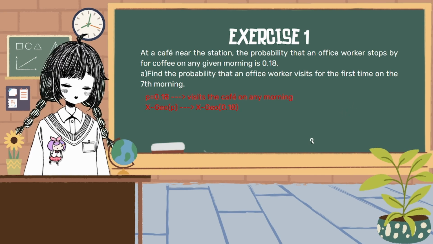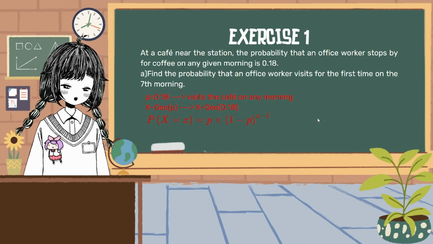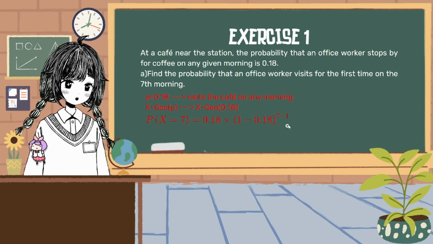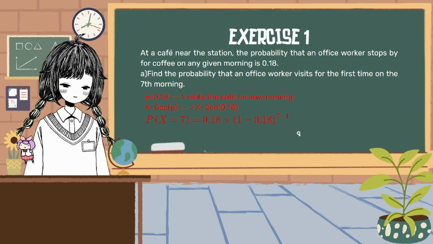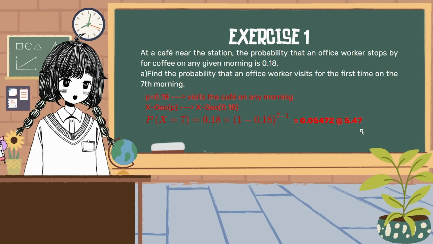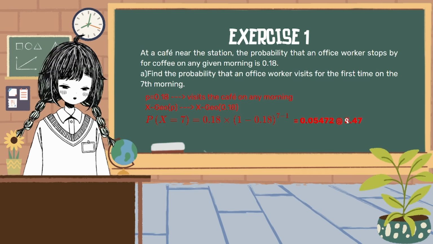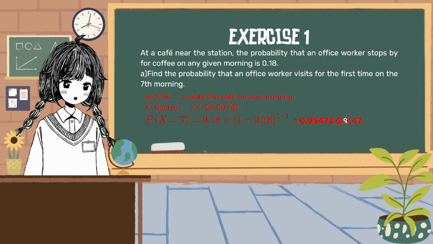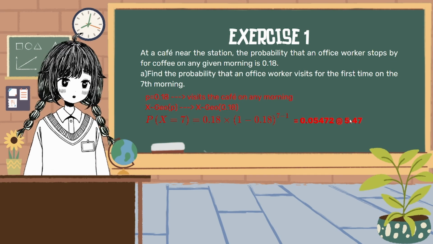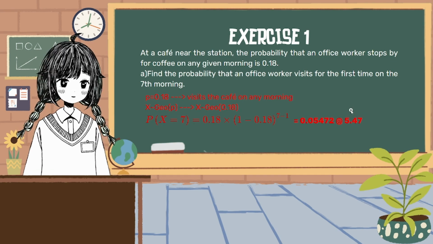So let's plug in the x value. So x equals 7, p equals 0.18. The final answer is 0.05472 or about 5.47%, if you want it in percentage or if the question asks for it.